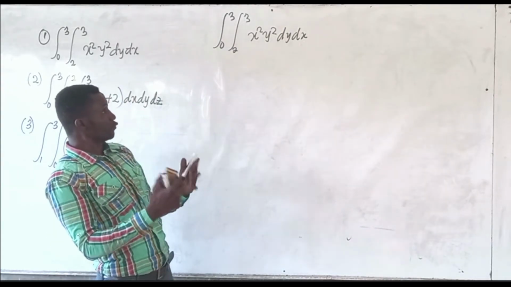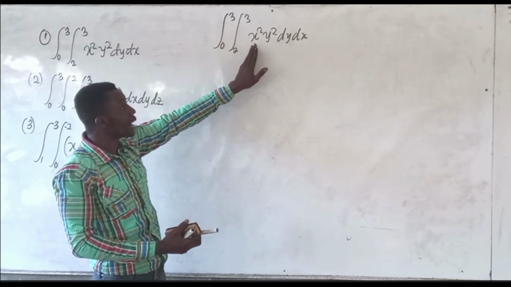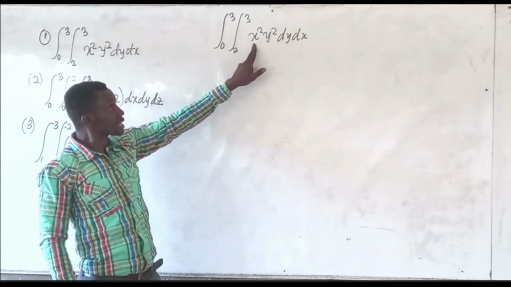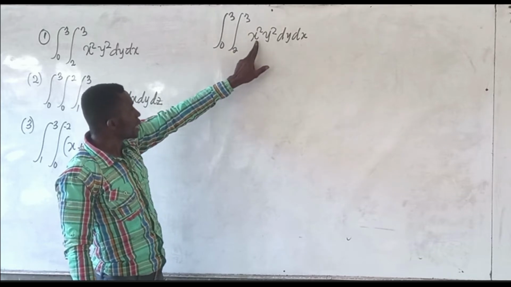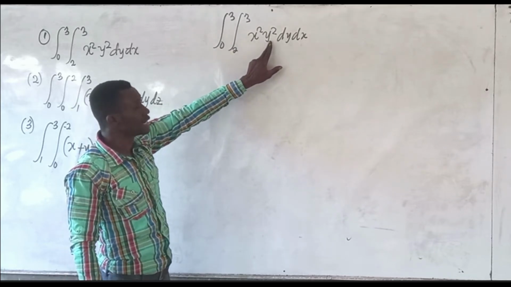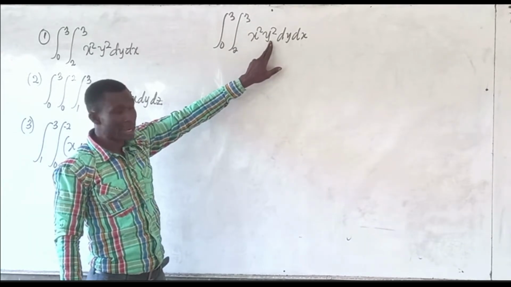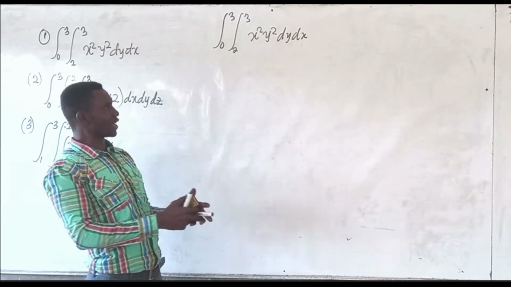So if you want to integrate the inner one first, you integrate by taking x as a constant, because it is dy. You are integrating from 2 to 3 with x squared as a constant, but integrating y here. If you want, you can rearrange it.